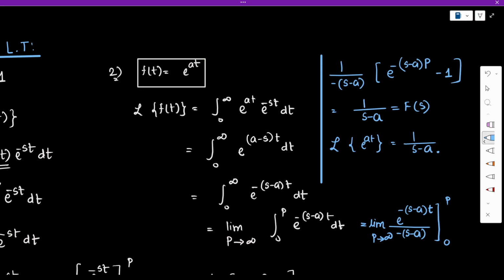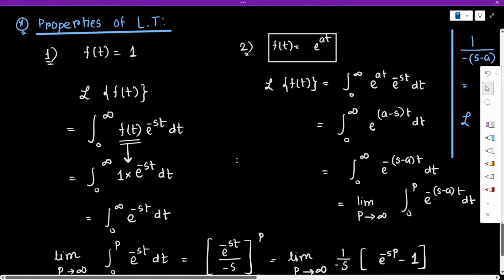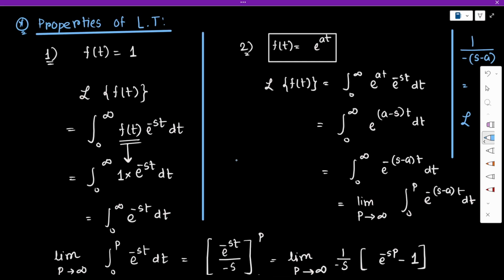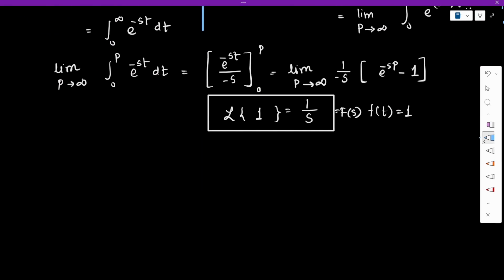So now we can go over the properties of Laplace transforms. There are some general properties that are shown in the book at first, like the Laplace transform is linear. First of all, the first property that we can say about the Laplace transform is that it's linear.